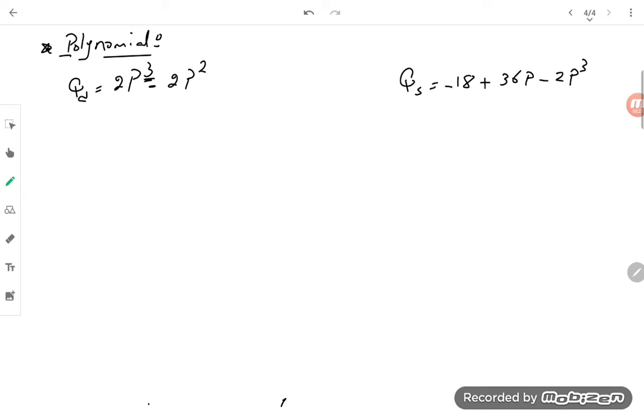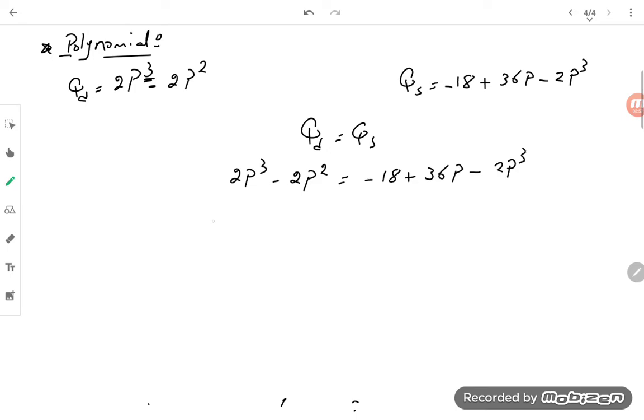So this is a polynomial case. Just like any equilibrium, equilibrium will be achieved when QD equals QS. So 2b to the power 3 minus 2b squared equals negative 18 plus 36b minus 2b to the power 3.